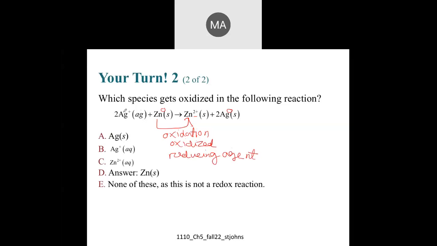On the other hand, silver, we can say this is reduction. So obviously reduced and oxidizing agent. Now, what is our question? Which species gets oxidized in the following reaction? We can see the zinc is oxidized. So the correct answer is supposed to be zinc.